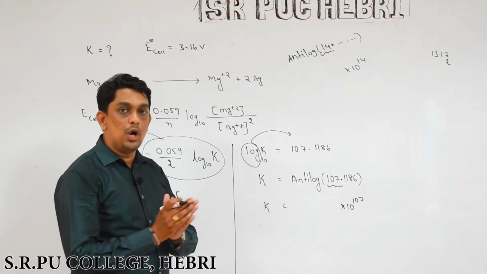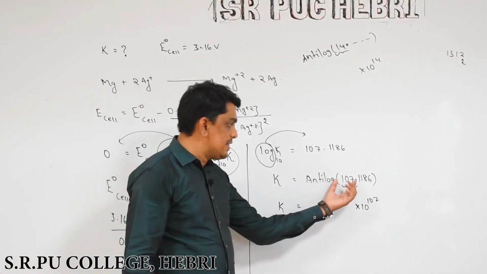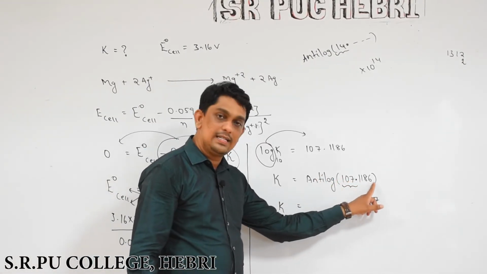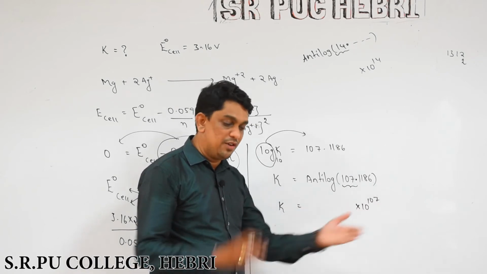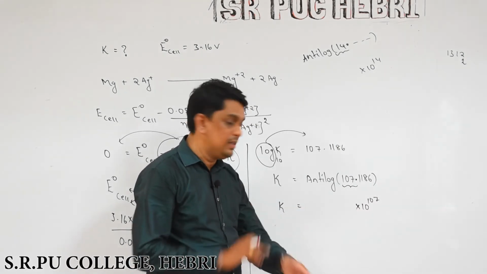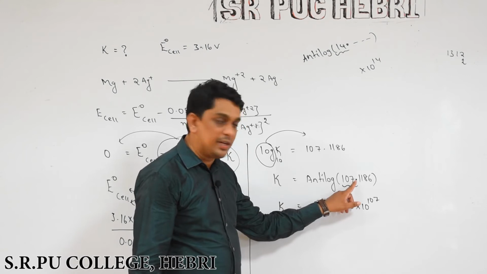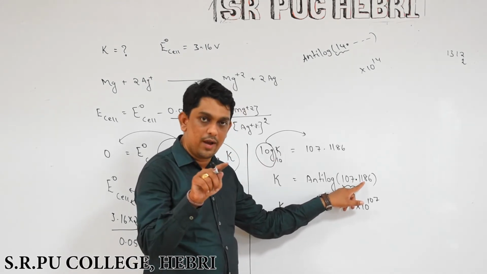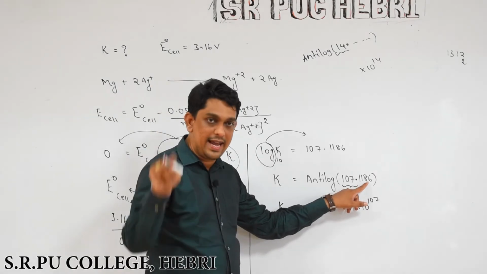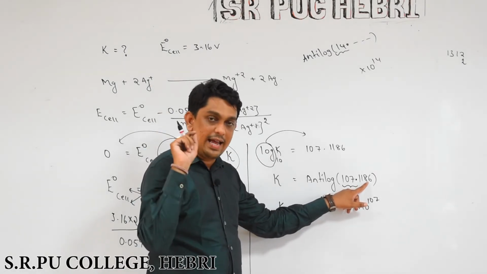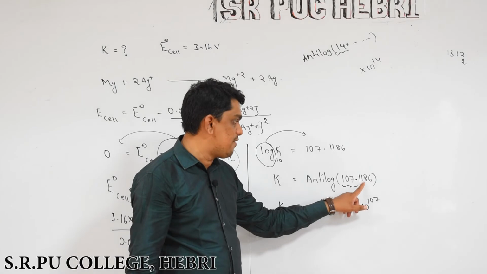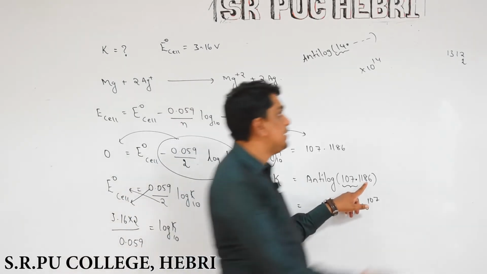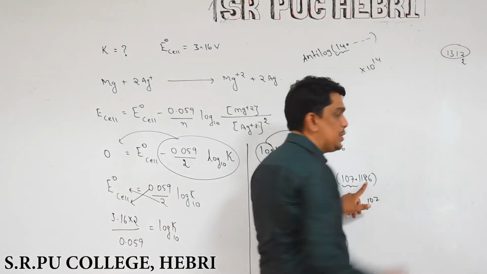Now I should see the antilog table. Okay. Now look here, we dealt with this. Now we are looking at this. What we should do now, we should open the antilog table. Look in the antilog table, row 0.11, in that column 8. If you see in the antilog table 0.11 row, 8th column, the value written is 1312.